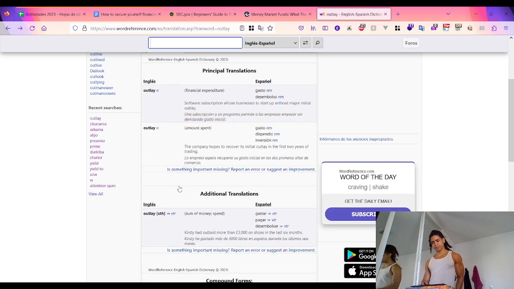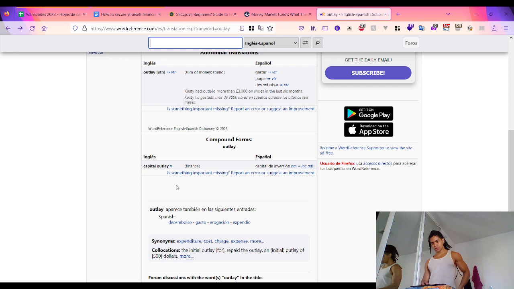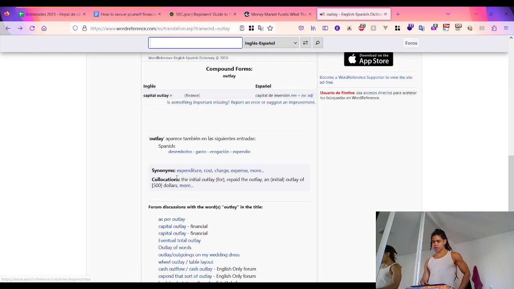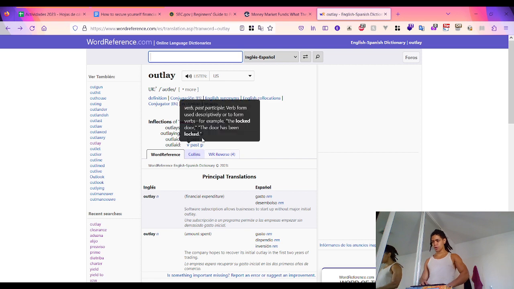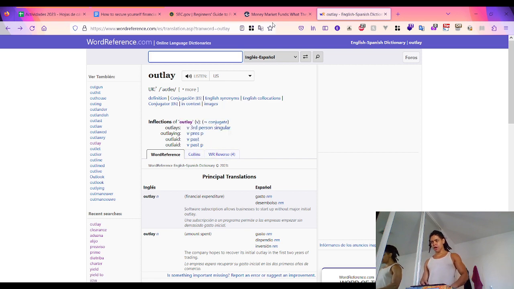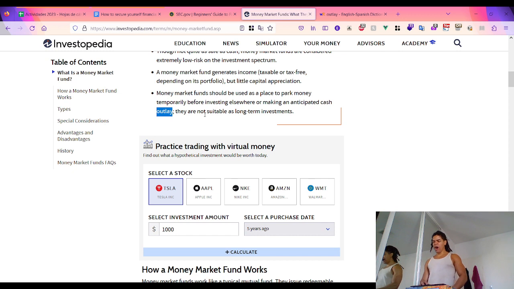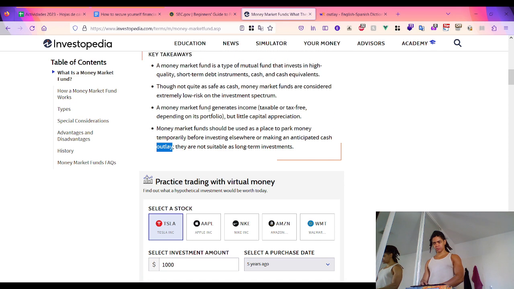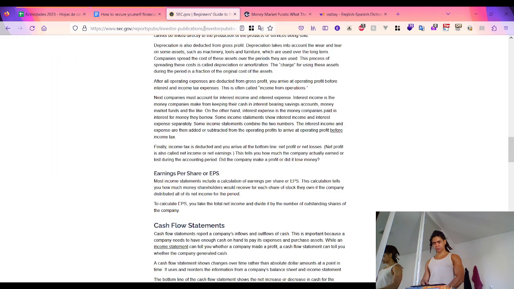Or how much you spend? Interesting. In Spanish is desembolso. Very, very interesting.